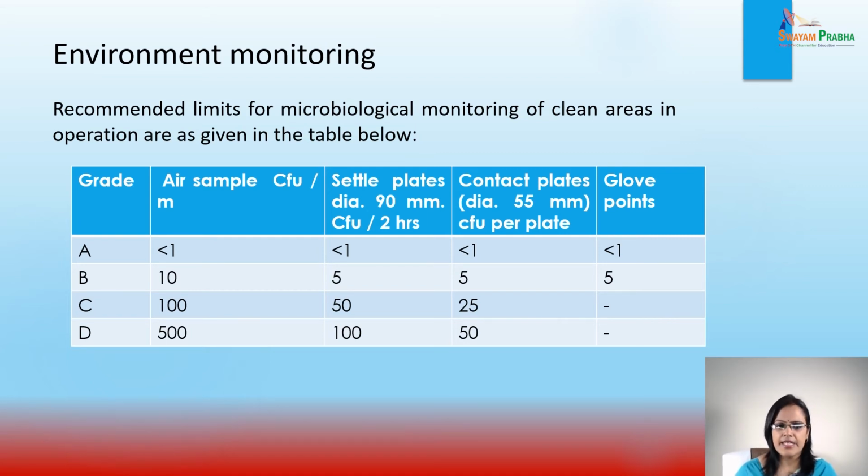This table gives the air sample, colony forming units per meter cubed, for different grades: grade A, grade B, grade C and grade D. So dear students, just go through this table on your slide to see what the limits are for different grades.